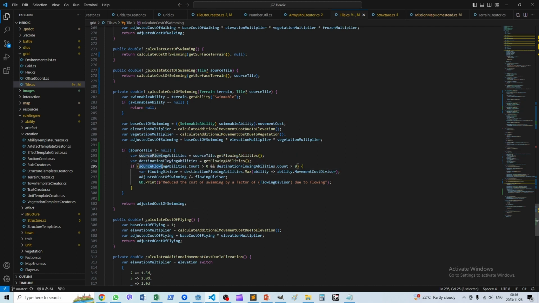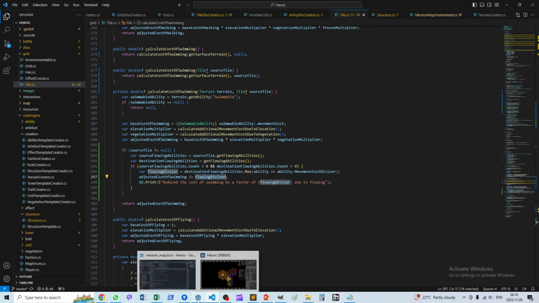And as long as both tiles have at least 1 flowing ability, we take the cost reduction factor from the tile that we're moving onto, and we take the highest one of those. So if there's more than 1 flowing ability, we take the highest one, and we reduce the cost of swimming by that factor.